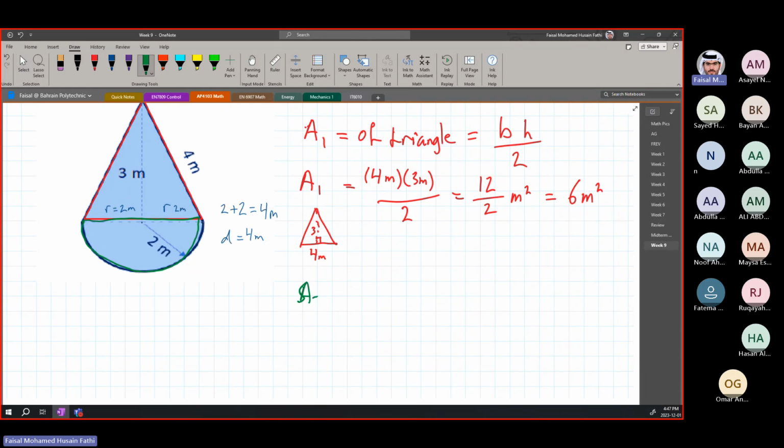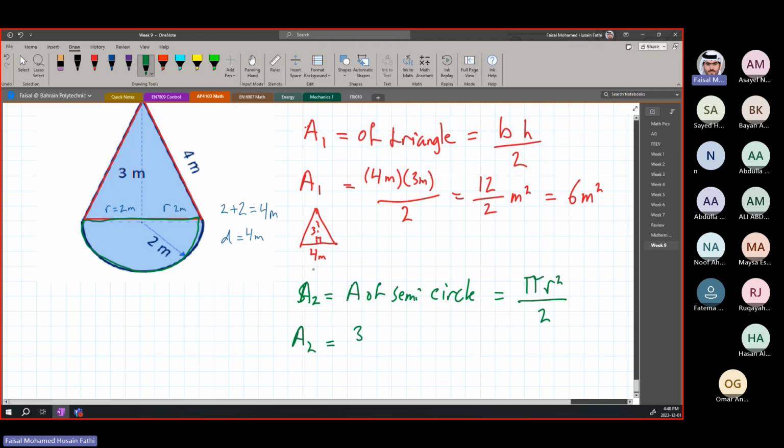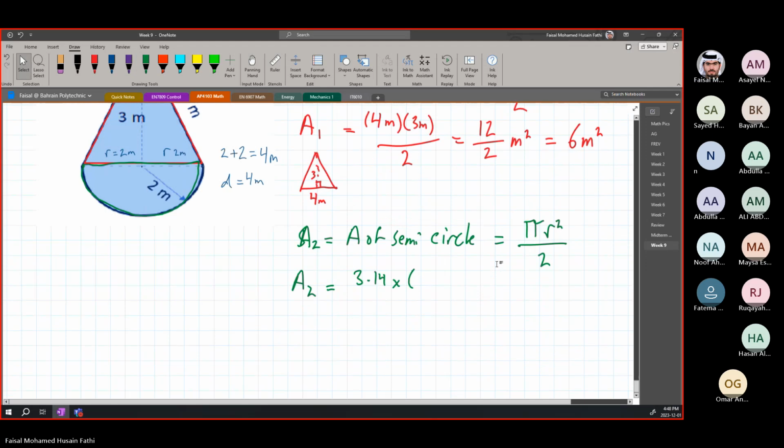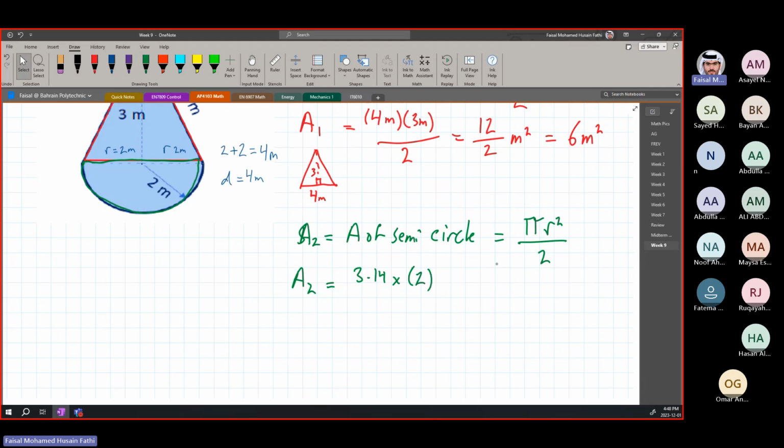Semicircle, so A2 is equal to the area of the semicircle, which is equal to pi r squared divided by 2, because it's half the area of a full circle. So area 2 is going to be equal to 3.14 times r squared, which was 2, so 2 squared divided by 2.